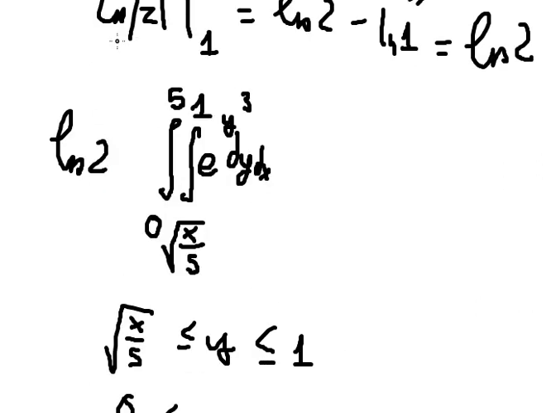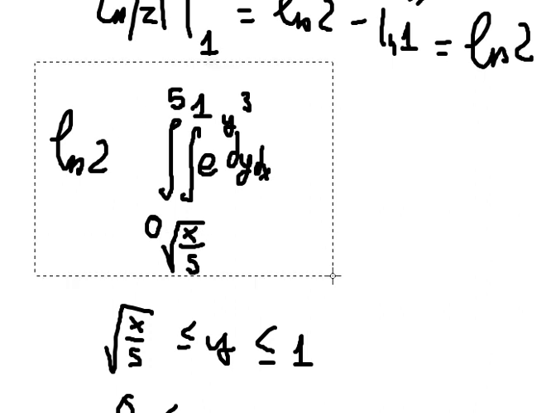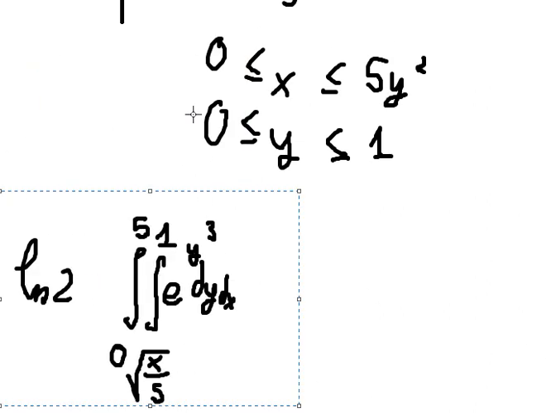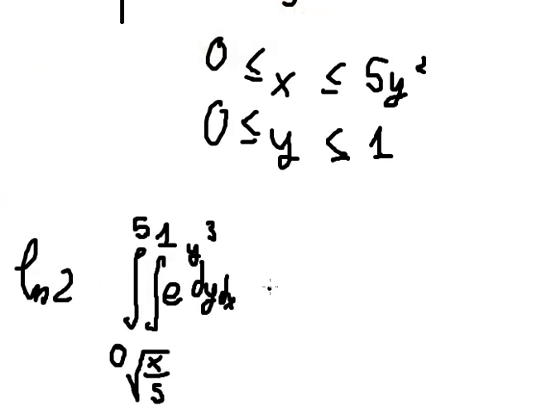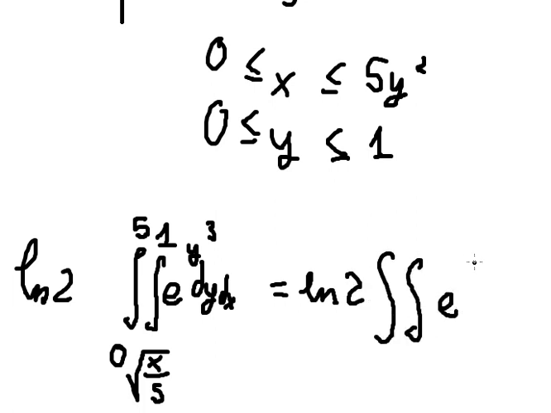And now we go back in here. And now this one, the s should be from 0 to 5y squared, dy from 0 to number 1.